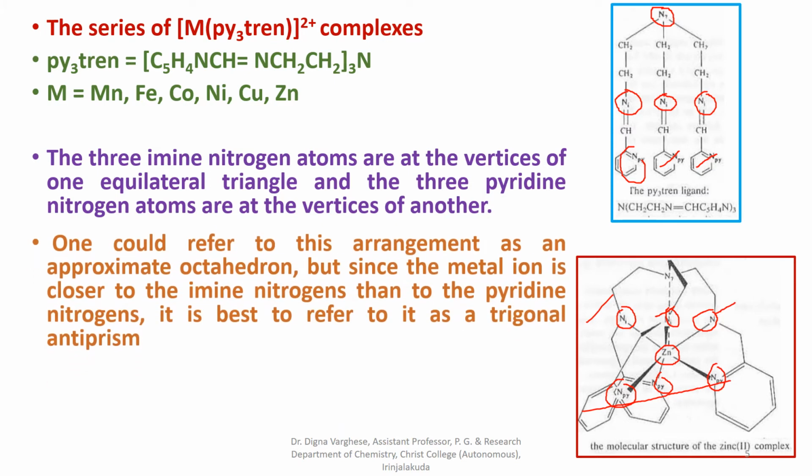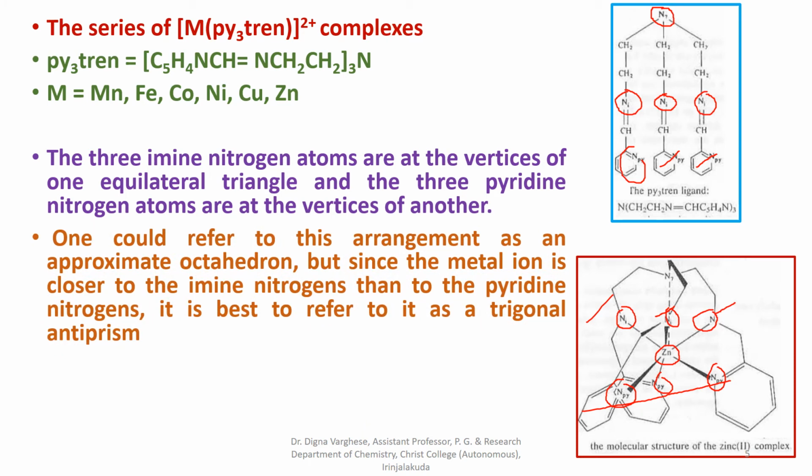Okay. So one could refer to this arrangement as an approximate octahedron. Here the 6 nitrogens form a 6 coordination with the metal atom and form an approximate octahedron.